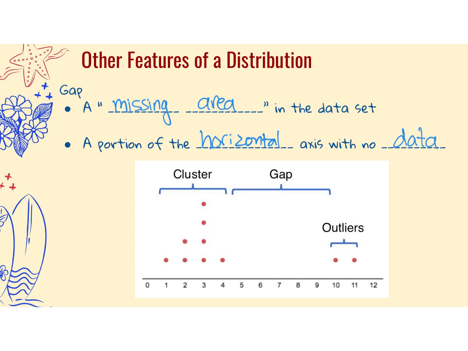So it's any space on the horizontal axis. So right here's an example of our gap. There's no data above the 5, 6, 7, 8, 9. But it doesn't have to be a big chunk to be a gap. It can just be one or two places on the horizontal axis.